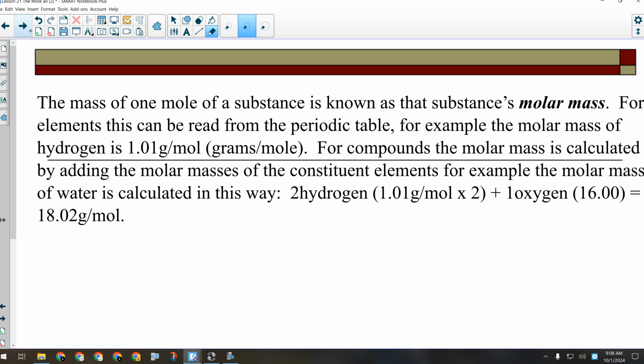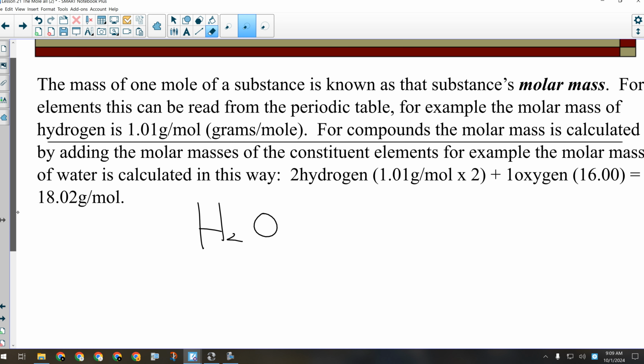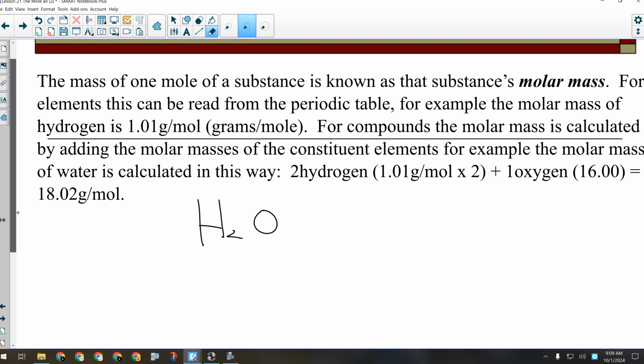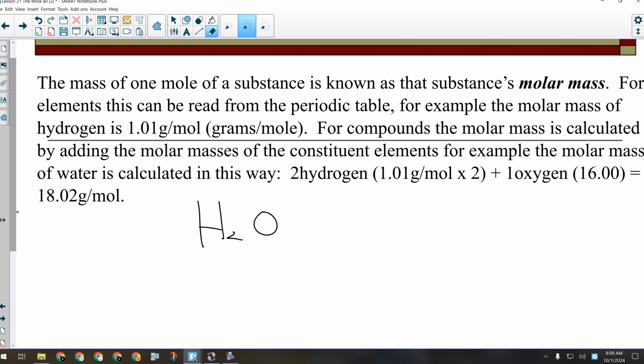What if somebody asked me, what's the mass of 1 mole of water? You just add them. We know that water is H2O. If we have 6.02 times 10 to the 23 atoms of hydrogen, we know its mass would be 1.01. But in this compound, there are how many hydrogens? 2.